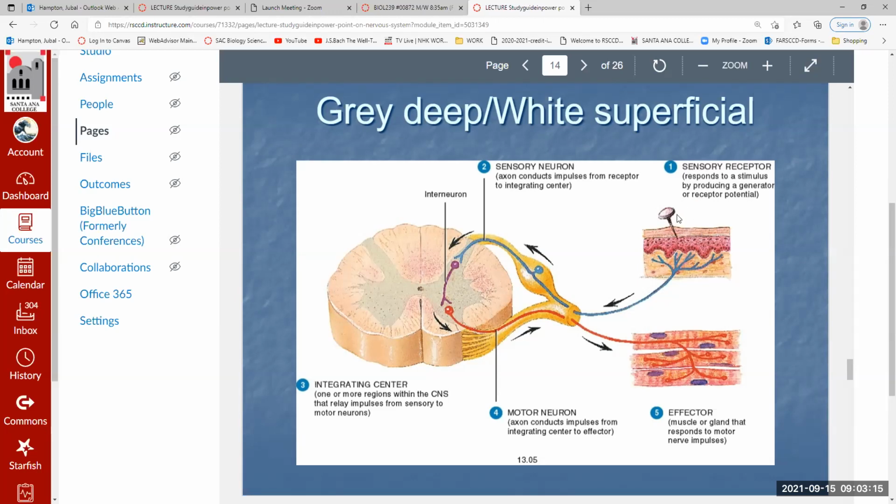In this instance, it's a tack or a pin of some sort that is piercing the skin. And you pick this up, the message comes to the spinal cord, so this is sensory information, sensory neuron, passing through the dorsal root ganglion.